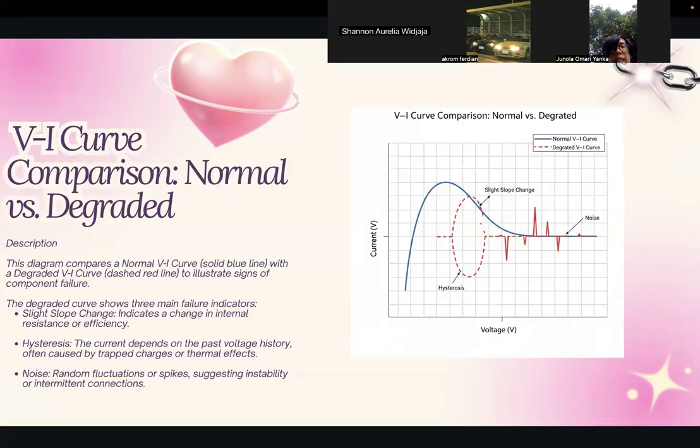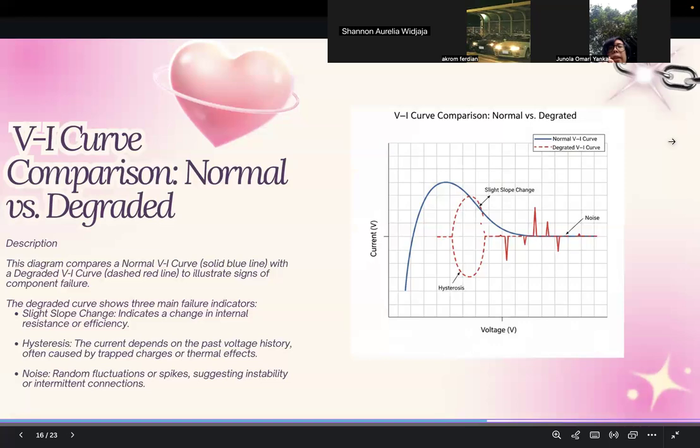It is often caused by charge that's trapped in the semiconductor itself or other thermal effects. And there's also the presence of noise, which in healthy conditions usually doesn't appear, but if it's degraded, the device will tend to catch that noise, and there will be random fluctuations or spikes in its degraded curve that suggest instability or intermittent connections.